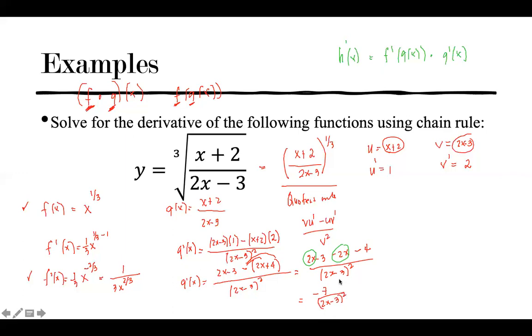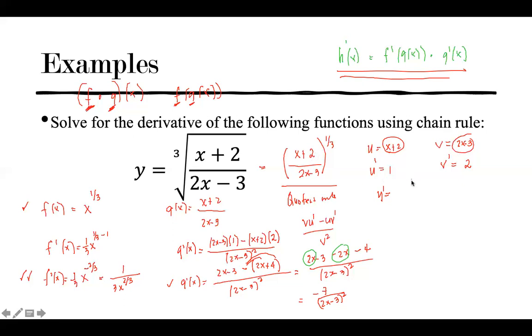All right, so what we will be doing next is, since we have the derivative of f, we also have the derivative of g of x, which is this. We go back to our chain rule differentiation, which is this one. This is the syntax. So the derivative of y is just equal to, again, our f of x is this. We replace the x value of this with the original one.